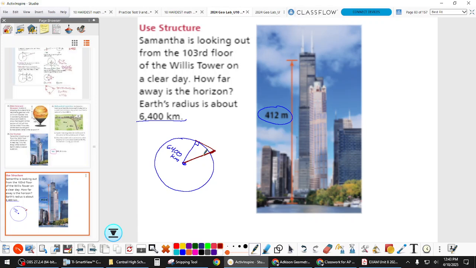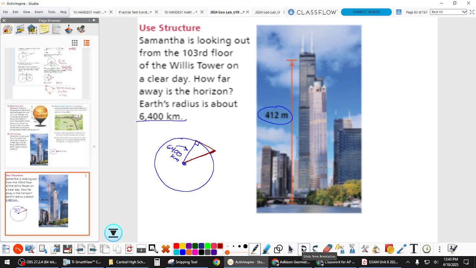And how long is it? So the blue line, the radius, is 6,400 kilometers. How long is the red line? To there. Right? It's 6,400 kilometers to the surface, plus 400 meters more.